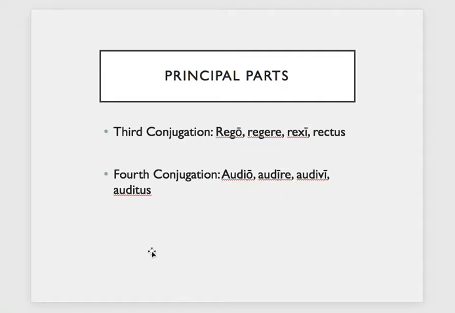So looking at these real quick, we just want to do a little retrieval practice. How am I going to know that rego is third conjugation and audio is fourth conjugation? Take a second and I'm going to show you. Yes, we tell by that second principal part: ERE with a weak E here, IRE with a macron here. So that was how we told what conjugation they're from.